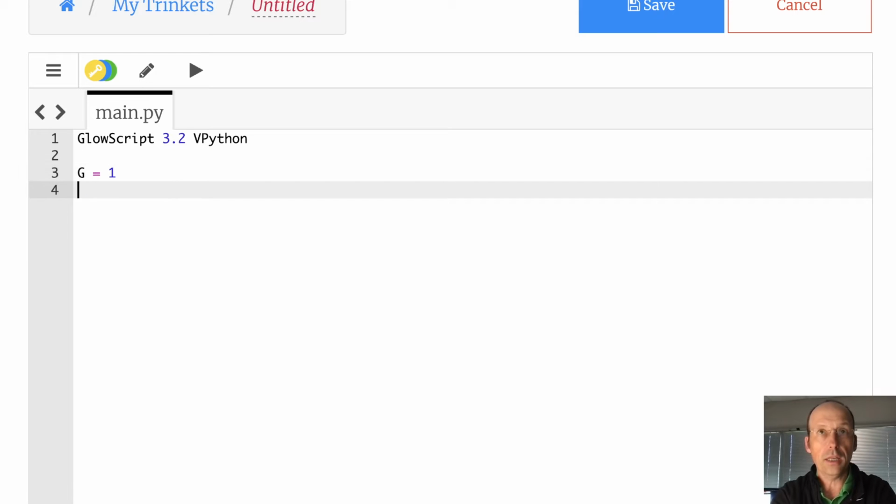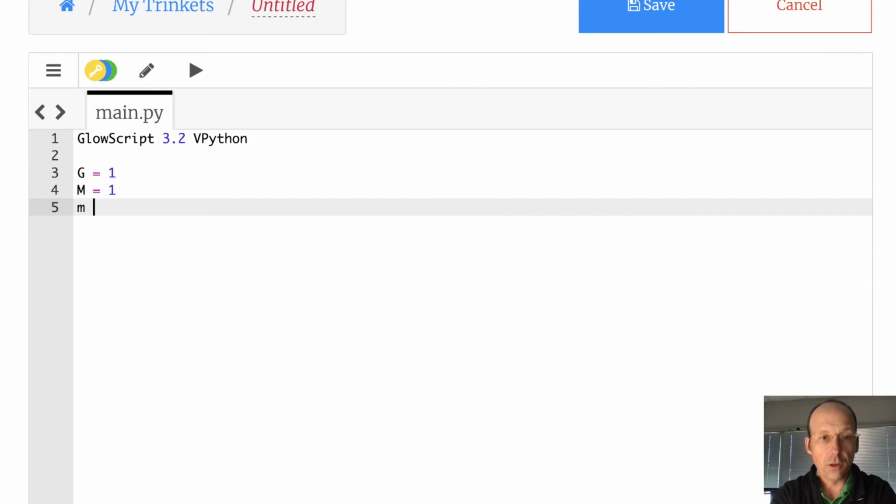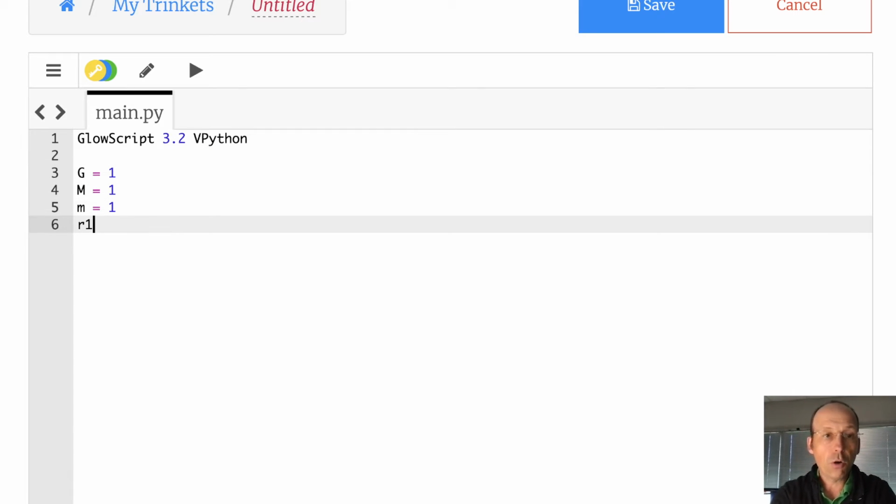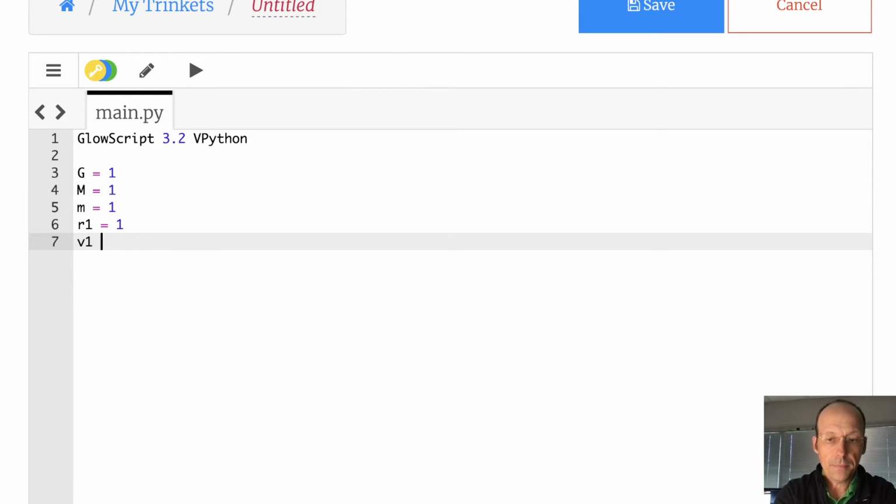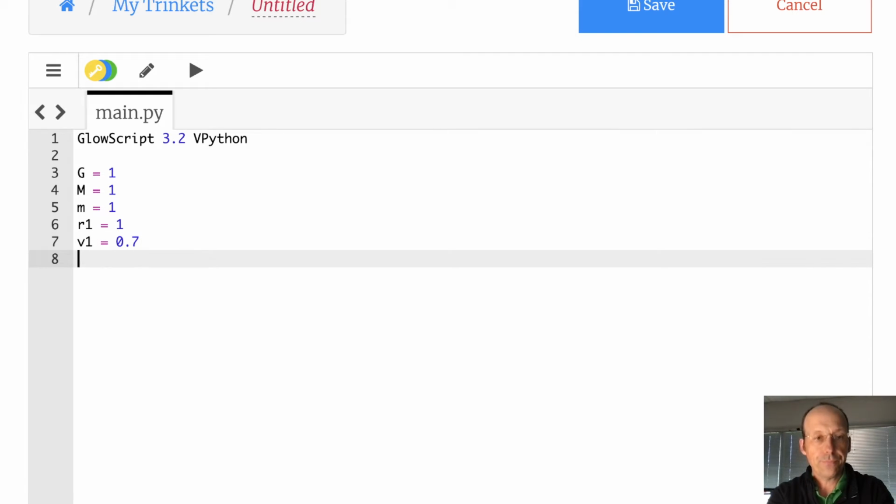G equals 1, M equals 1, lowercase m equals 1, R1, that's where it starts, is 1, and then V1 equals 0.7. You have to be careful because depending on how you make that ellipse, some of the things I'm going to use to determine the parameters of the equation won't quite work. So just be careful with that.